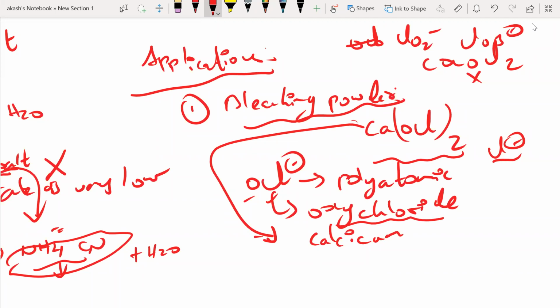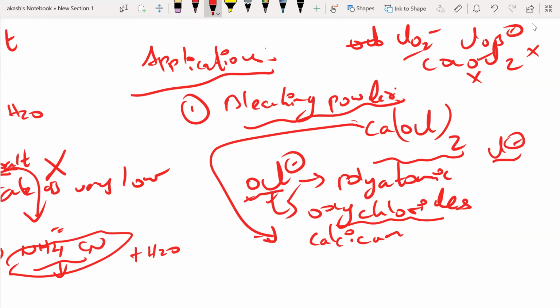So chlorine and oxygen combined together to form so many different kinds of polyatomic ions. We don't have to go into the details, don't worry about it. In general, if I have oxygen and chlorine together, they are called oxychlorides. All of them, ClO minus, ClO2 minus, ClO3 minus, are called oxychlorides because they have oxygen and chlorine.